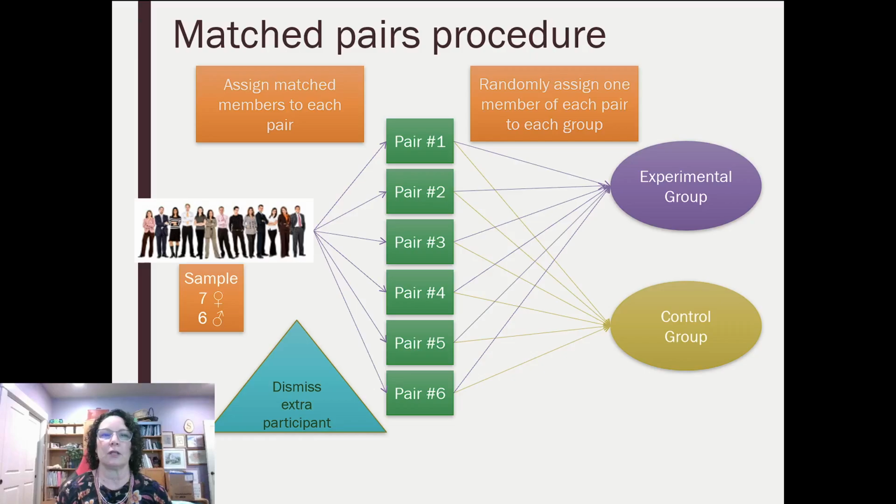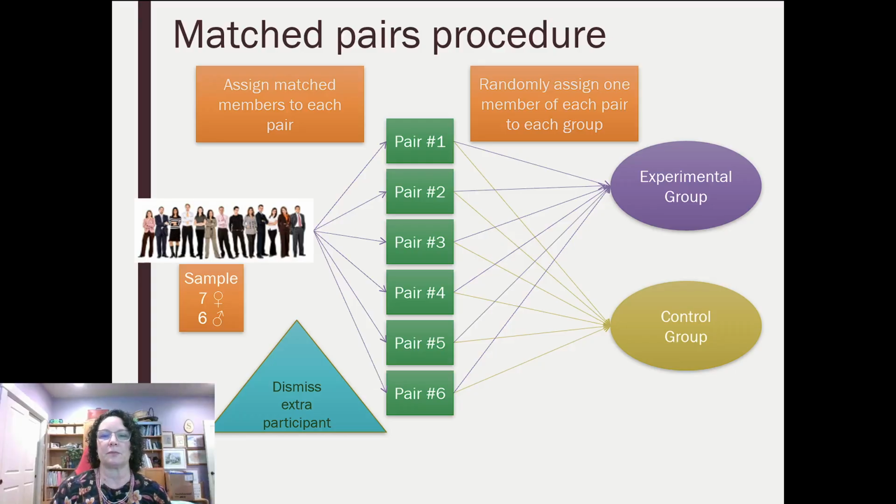This is a really good strategy if you have identified something that you think might be a confound, and you're really worried that this might interfere with the effectiveness of your independent variable or might muddy the interpretation of your independent variable. Using a matched pair procedure allows us to, on purpose, make sure that we don't have an imbalance. It's not randomization anymore because we did match them before we randomized them.